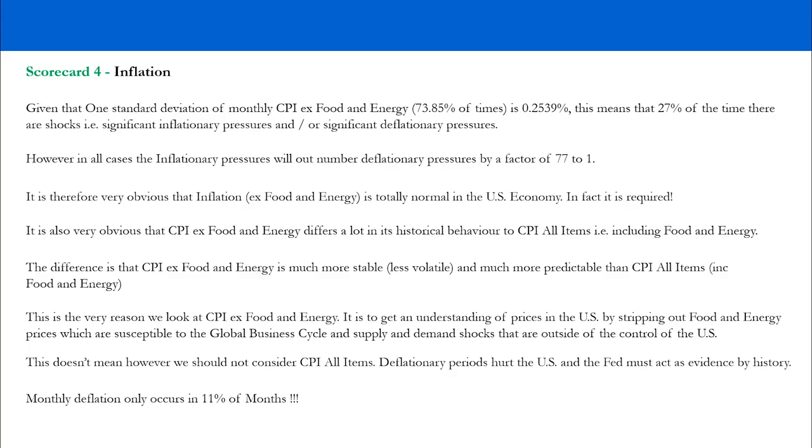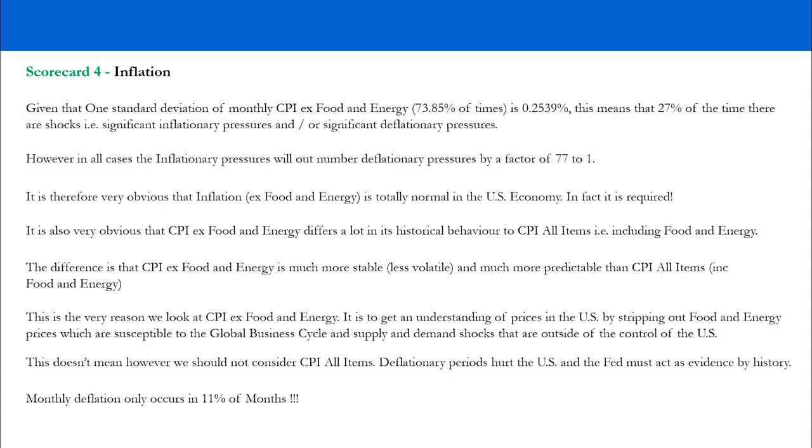So things that happen in the minority of cases. These include significant inflationary pressures and or significant deflationary pressures. However, in all cases, the inflationary pressures are going to outnumber deflation by a factor of 77 to 1, which is a huge skewness towards the upside, towards positive data.